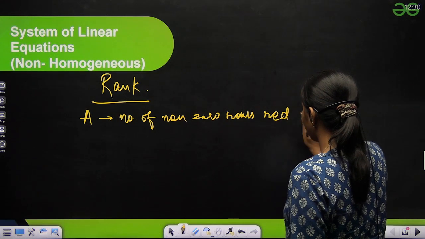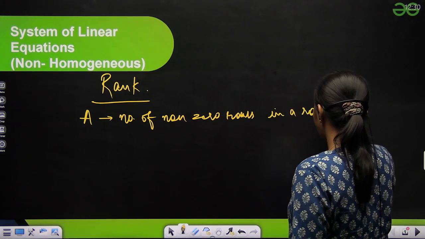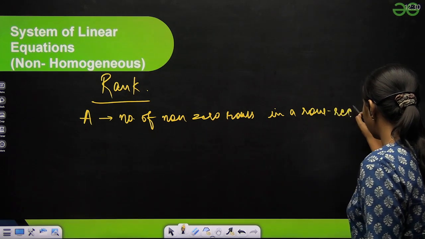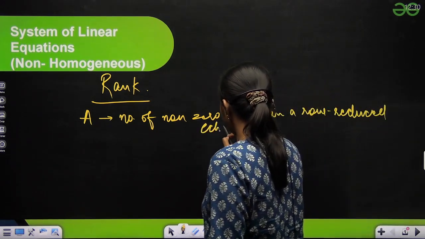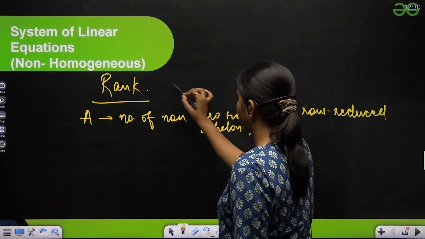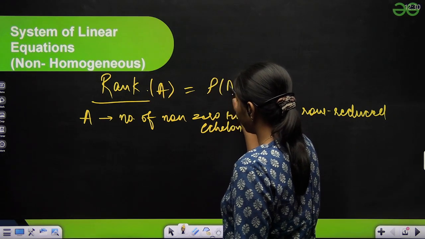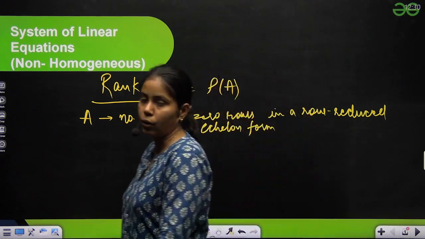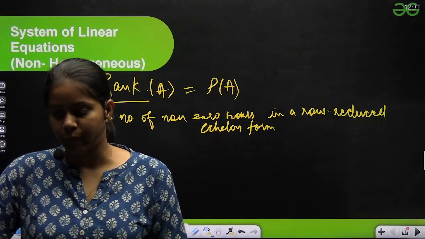We denote the rank of a matrix as rank of A, and we also use this symbol rho to denote rank of A. And we are going to solve systems of linear equations using the rank of a matrix.